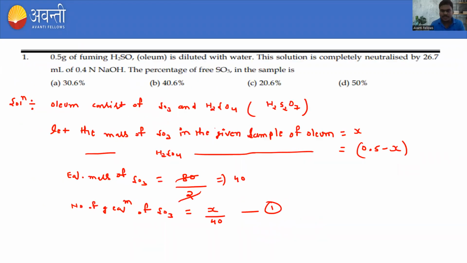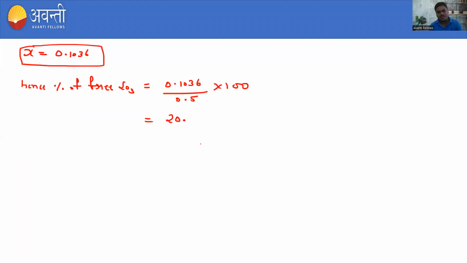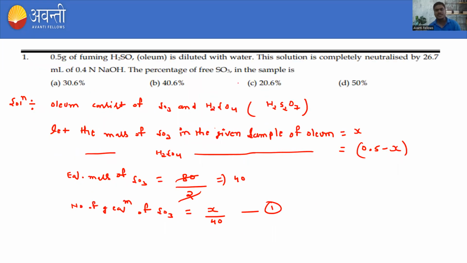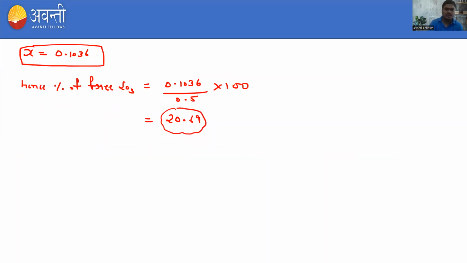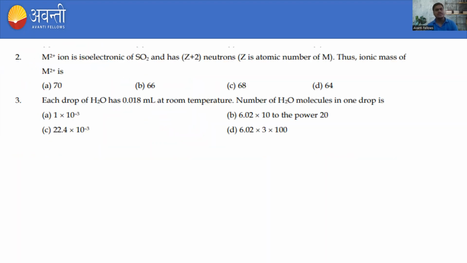We have the option 20.6, so you get the answer as 20.69. These are closely, numerically equal, so option C is the correct answer. This is a very good question, a good level of question, which requires some very good concepts so that only then you are able to solve it. So this is the solution of this question, that is 20.69.